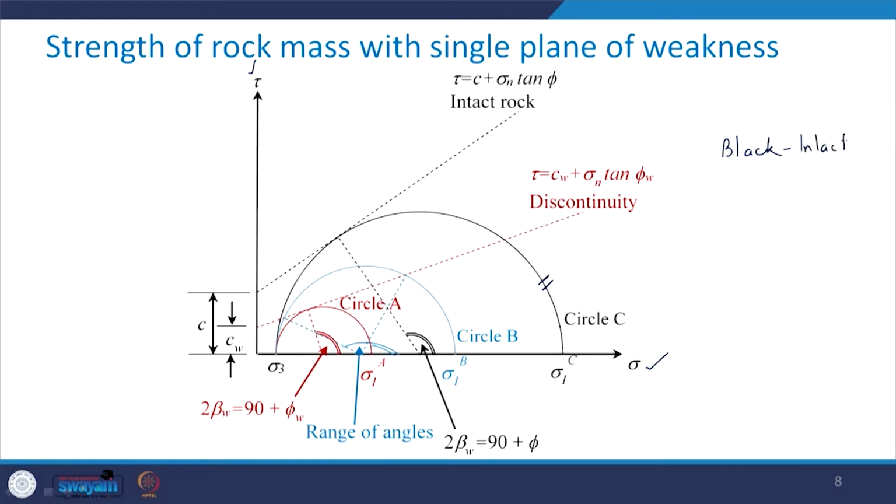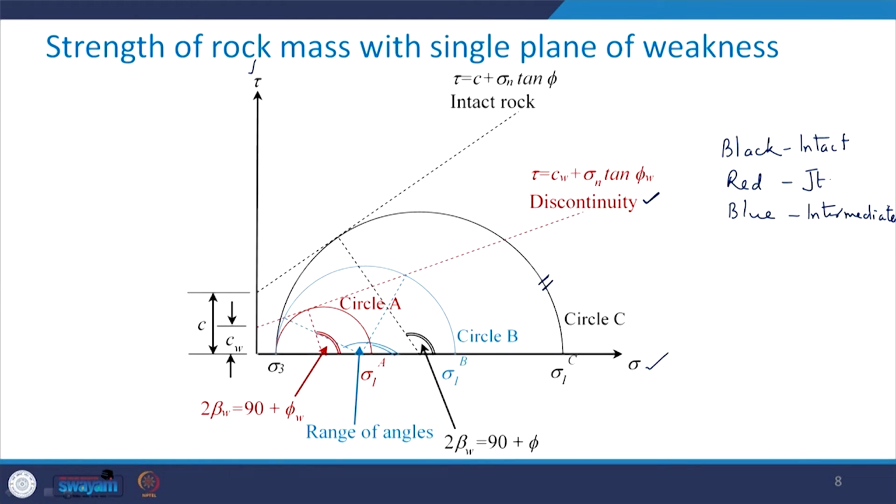The other one is red color for the joint, and the third one is blue, which is an intermediate condition. Why do we have all these 3 and how will they help us in interpreting the single plane of weakness theory? Let us have a look.